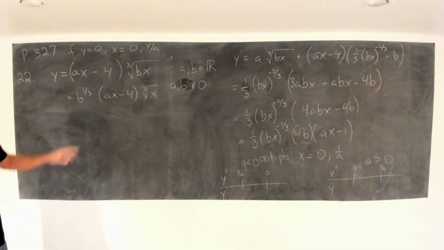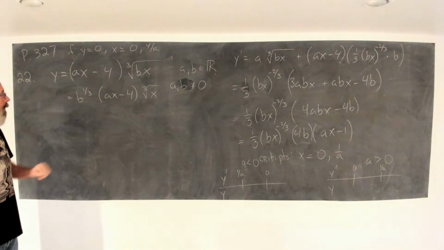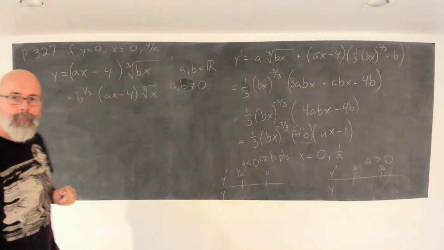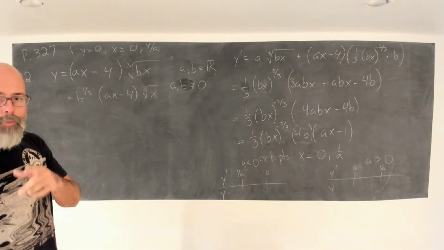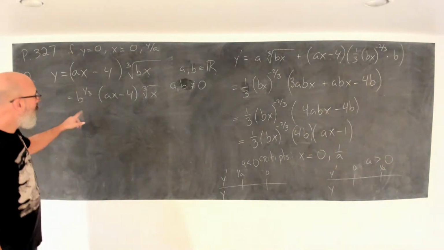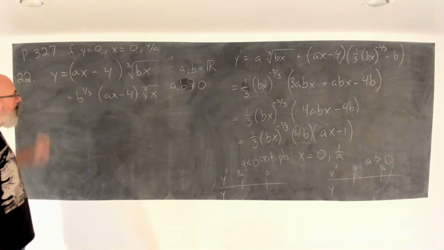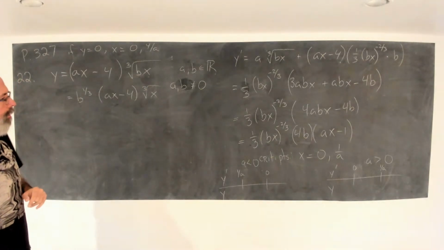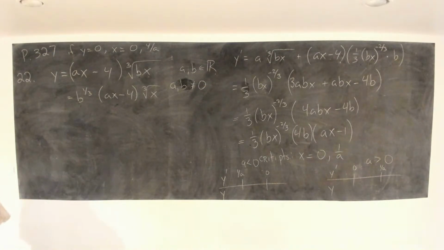So this is probably what we should have done to begin with. We should have probably factored out this b, and we wouldn't have had to deal with it at all. Right? So if we had removed this, we could have just dealt with this, and that would have been the way to go. But it's a bit late for that.